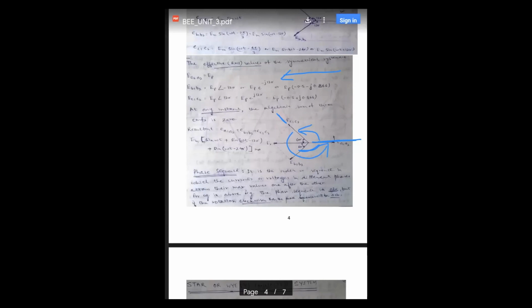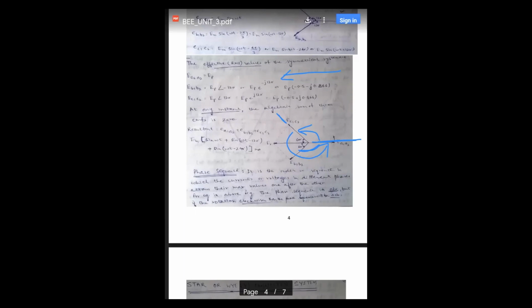Since we know that in a sinusoidal quantity, the value of the sinusoidal quantity at any particular angle will remain the same if we either add 360 degrees or subtract 360 degrees.